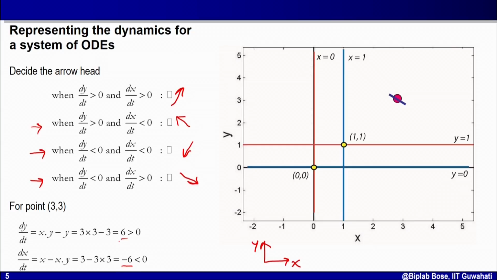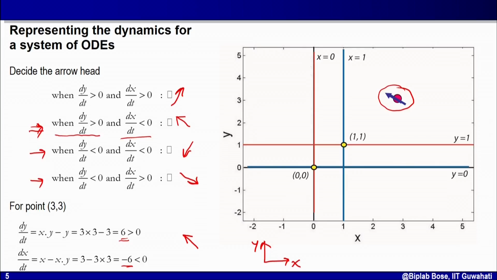So I have the y derivative positive and the x derivative negative. That means my arrow will be in this direction, following this particular rule. When dy/dt is greater than 0 and dx/dt is less than 0, the arrow will point to the upper left corner. So let us put the arrow there. So I have got the arrow here.